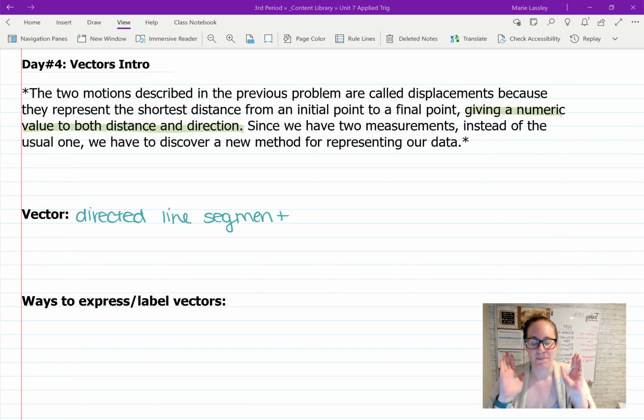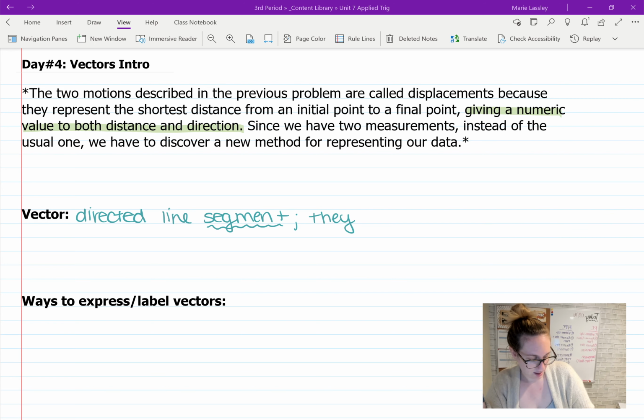Since we have a start and a stop, because we are a segment, that means we have length. We can measure the length of a vector. They can be measured, meaning they have length.